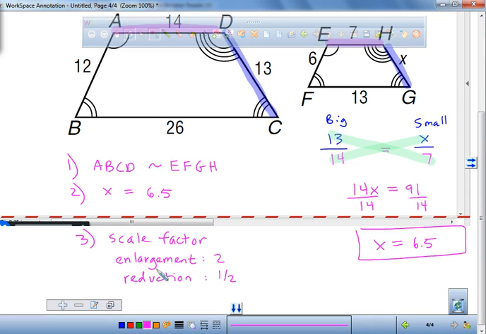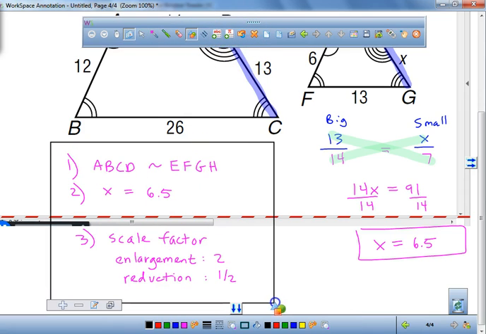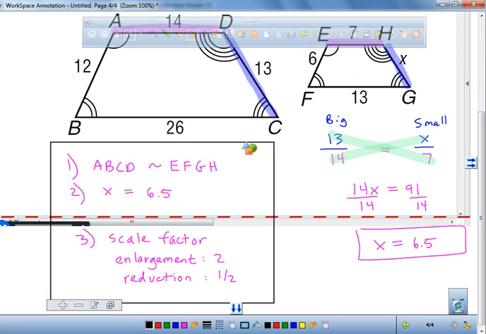If you're talking about it being enlarged, it was this. If you're talking about it being reduced, it was this. So this right here is your final answer for number 8. What I'd like you guys to do is attempt to do 9, 10, or 11 on your own. Just set them up and we'll check them here shortly.